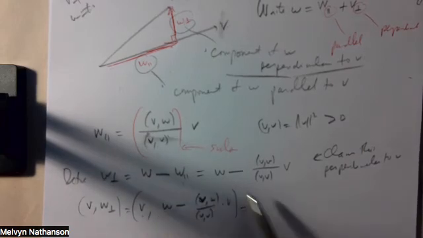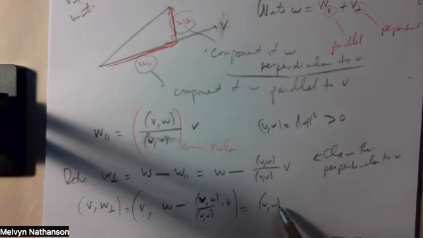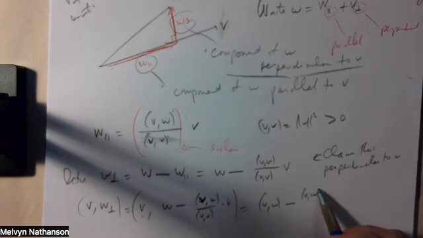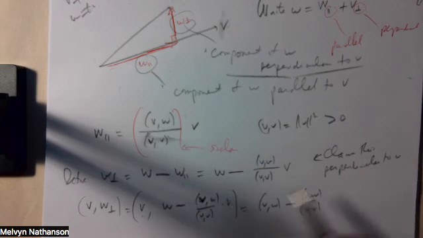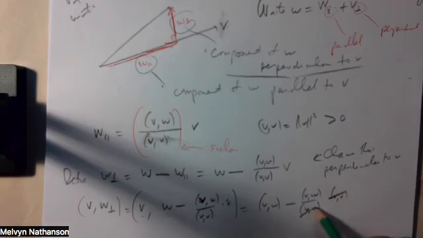This is going to be the inner product of V and W minus the scalar VW over VV times the inner product of V with itself. And if this is correct, these numbers cancel, and I get 0.